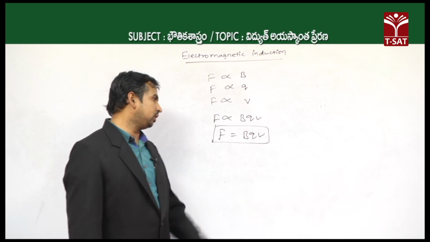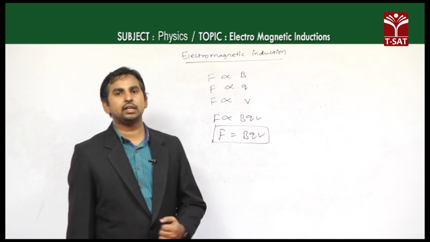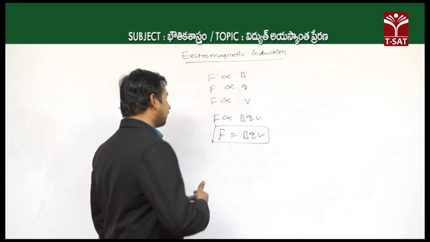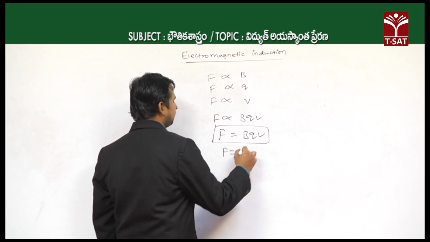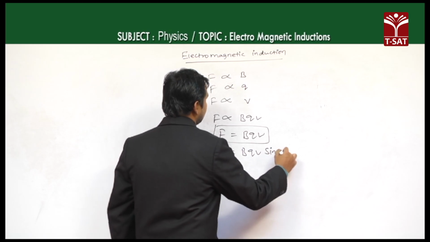That force is equal to BQV. And if you want to generalize that formula, instead of taking it perpendicular to the field, it becomes F is equal to BQV sin theta.